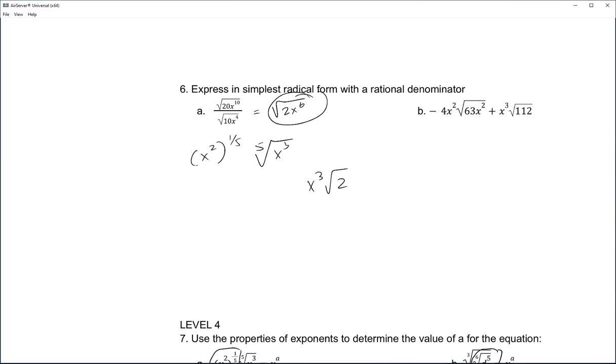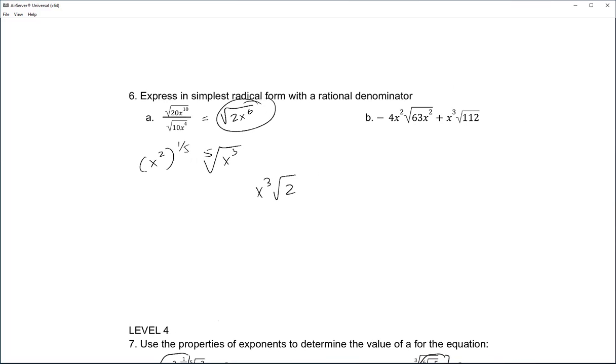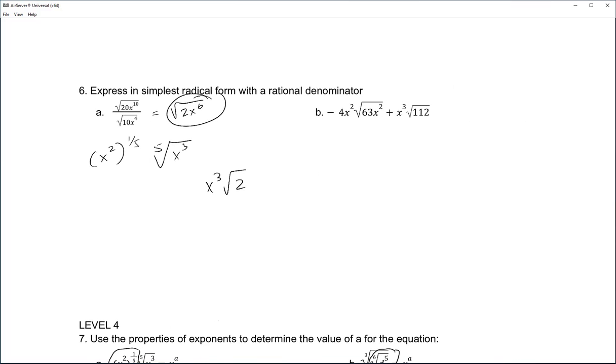Thank you. All right. For this one here, letter B, again, this is all from Delta Math, so try to look over that.